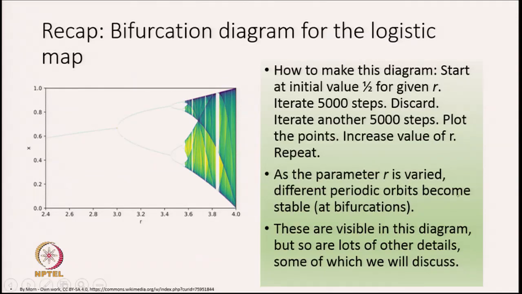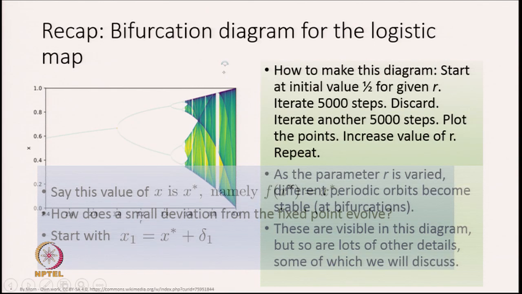Now, as you keep varying this parameter r, the different stable periodic orbits become visible, and you can see the bifurcations. But in addition to these stable periodic orbits, we can see a lot of other behavior. You can see these periodic windows over here.